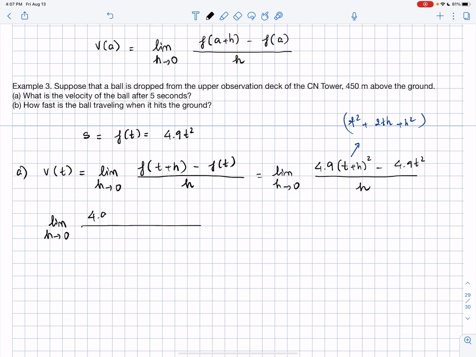Then we have 4.9 t squared plus 9.8 th plus 4.9 h squared minus 4.9 t squared, divided by h. We can cancel the 4.9 t squared and minus 4.9 t squared, and also we can pull out the h on the top.